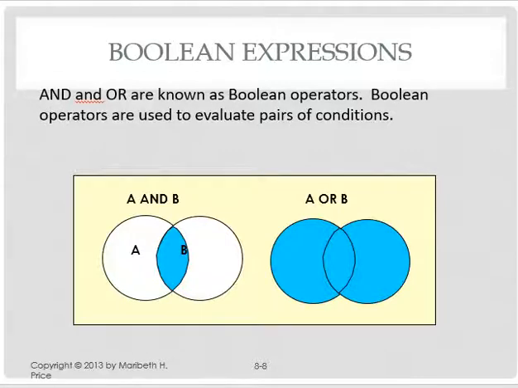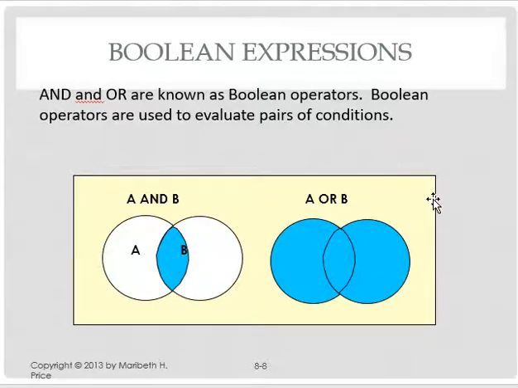Where those two overlap would be where the people that are over 50 also have an income of 20,000 or less. Now, I don't know the ages of the people in B, and I don't know the ages of the people in A, but I do know where they overlap. That is where both conditions are met.